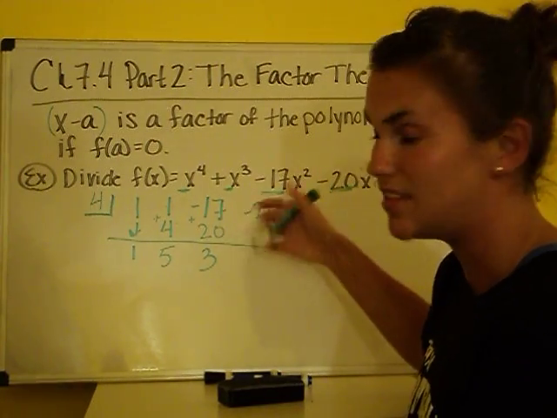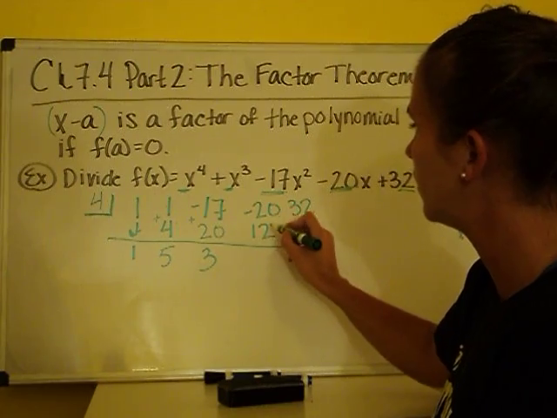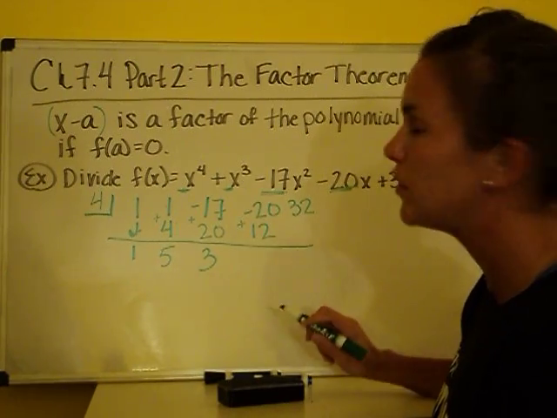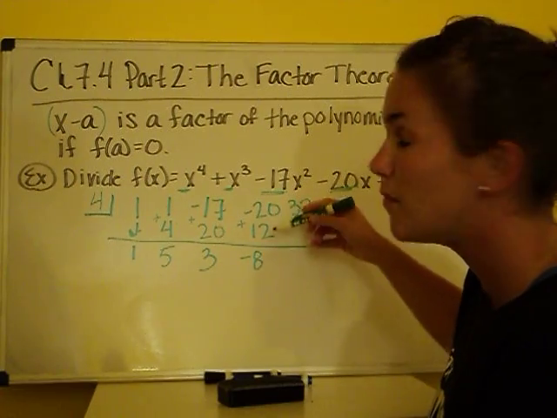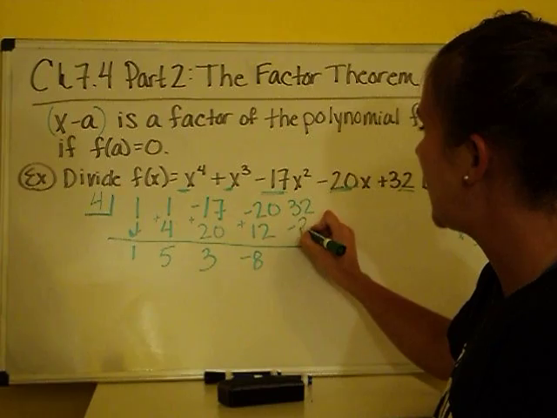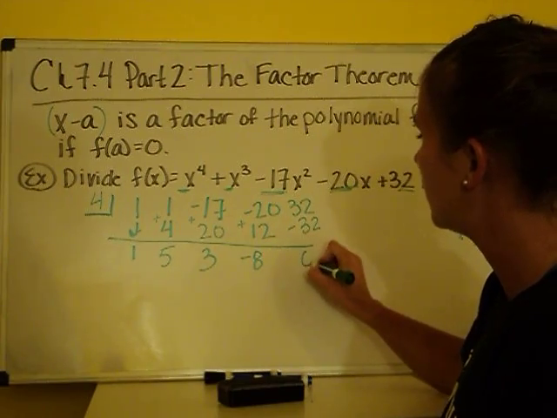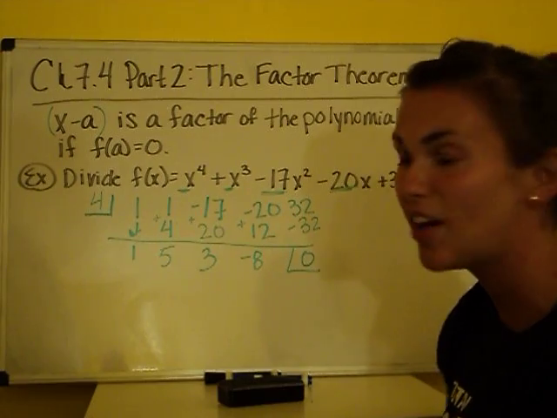We multiply. 3 times 4 is 12. Negative 20 plus 12 is negative 8. Below the line we multiply. Negative 8 times 4 is negative 32. And 32 plus the negative 32 is 0.